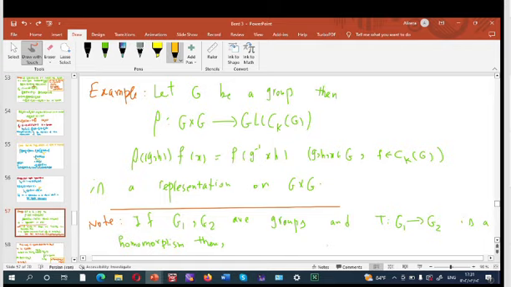And so we must check that this is a representation, but this is easy and similar to the previous example.